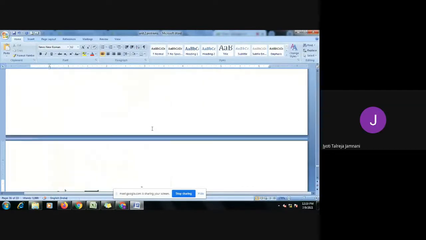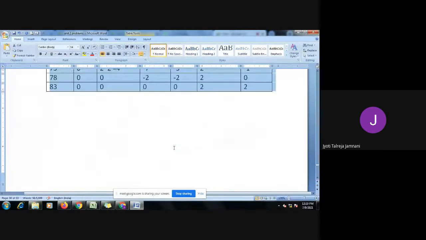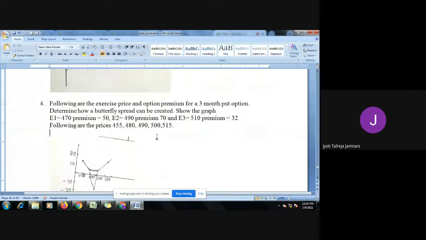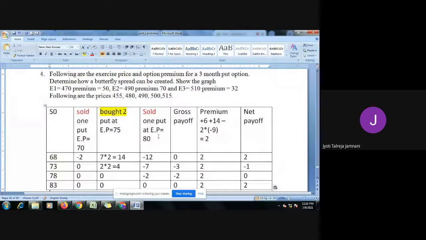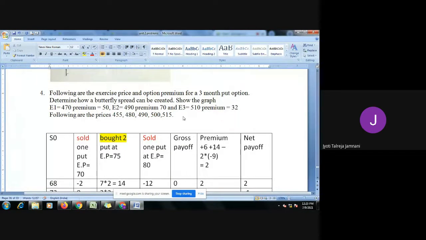Using this, we will do a butterfly spread. So here also I'm using the same strategy. I'm buying one at the center and selling two above and below. So E1 is equal to 470.